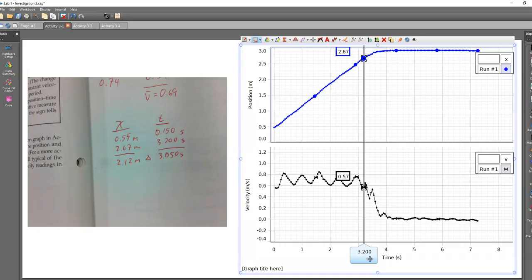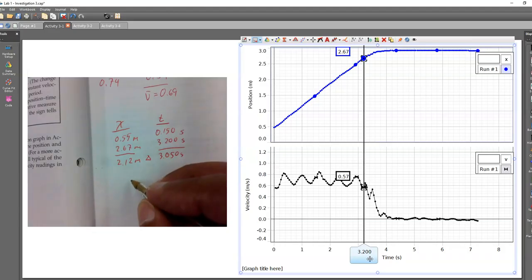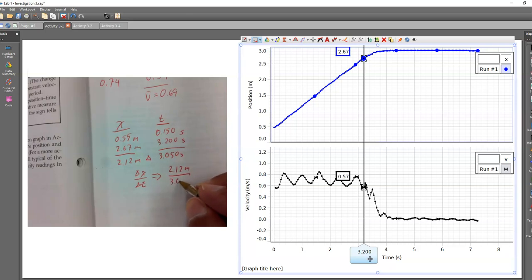Okay? Now, the next thing we need to find out is what is the average velocity. The average velocity turns out to be the change in x divided by the change in time, or in this case, 2.12 meters divided by 3.05 seconds.